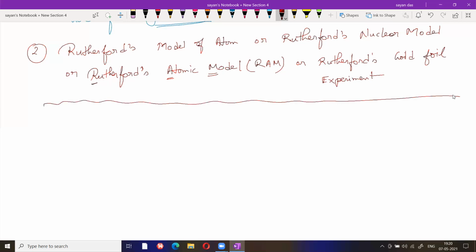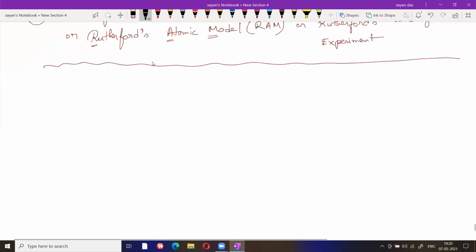Now, Rutherford's gold foil experiment. First, what was the experimental setup?